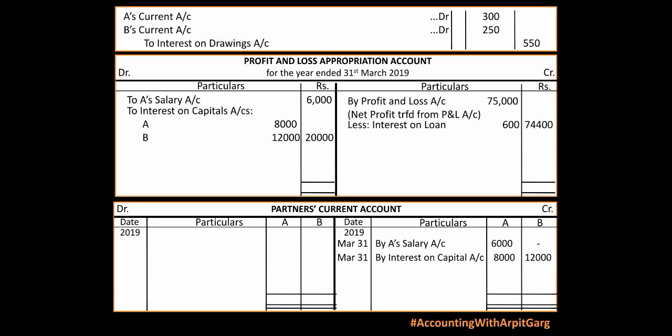And as we are taking this amount from A and B, so it will reduce their capital. And we have studied minus plus minus, which means to decrease a credit account, we need to debit it. So here it will be posted on the debit side.